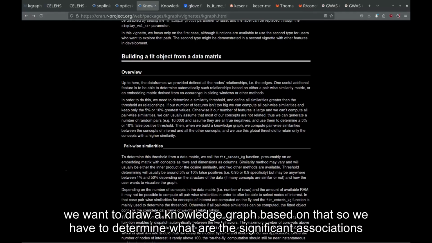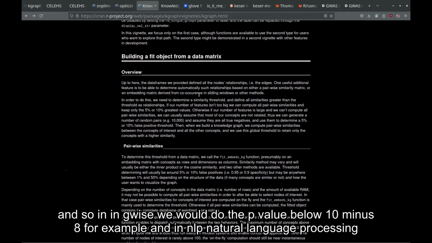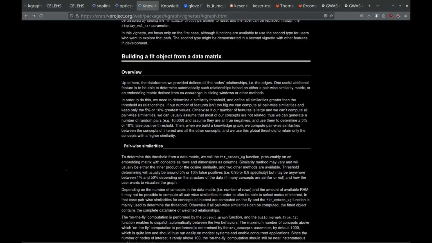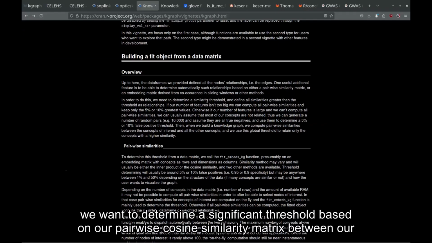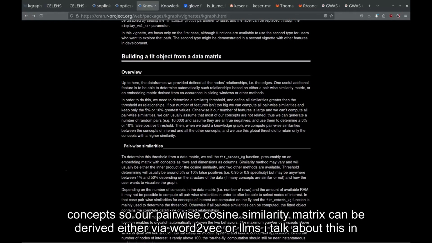So we have to determine what the significant associations are. In GWAS, we would use a p-value below 10 to the minus 8, for example. And in NLP, natural language processing, we want to determine a significance threshold based on our pairwise cosine similarity matrix between our concepts.